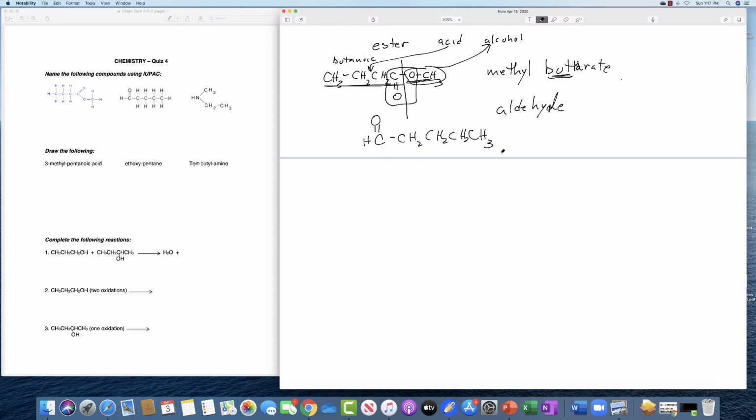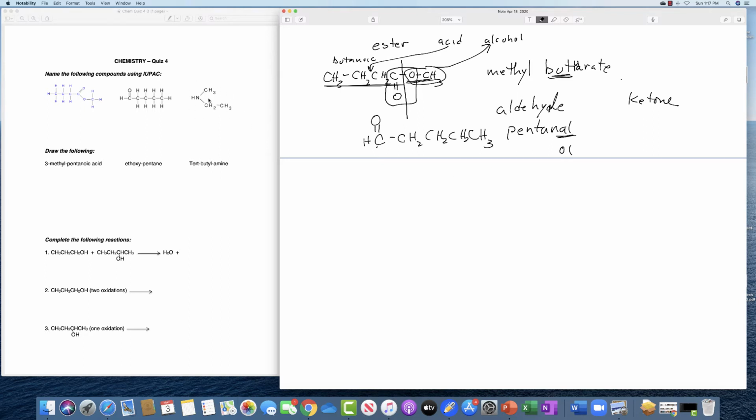If it's anywhere else, like in the middle, it's a ketone. And the name of an aldehyde is the number of carbons, 1, 2, 3, 4, 5, so pentane. But instead of ANE, it's pentanal, AL. And that tells you it's an aldehyde. OL would be an alcohol. AL is an aldehyde.